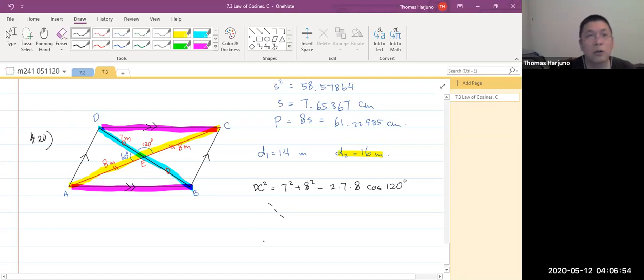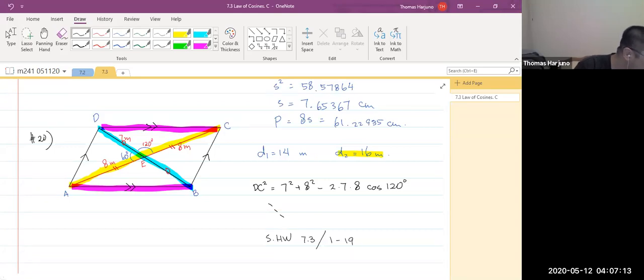Now your suggested homework from section 7.3 will be from number 1 to number 19, that should be good. That's what we need.